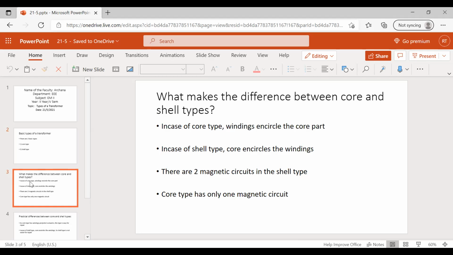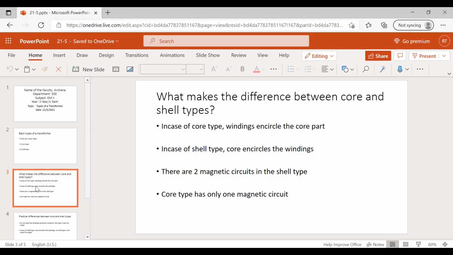So what makes the difference between core and shell types? What is the meaning of core type and what do you mean by shell type? Core type means the transformer where the windings are encircling the core part. That means you cannot see the core part. You can observe only the windings from outside.